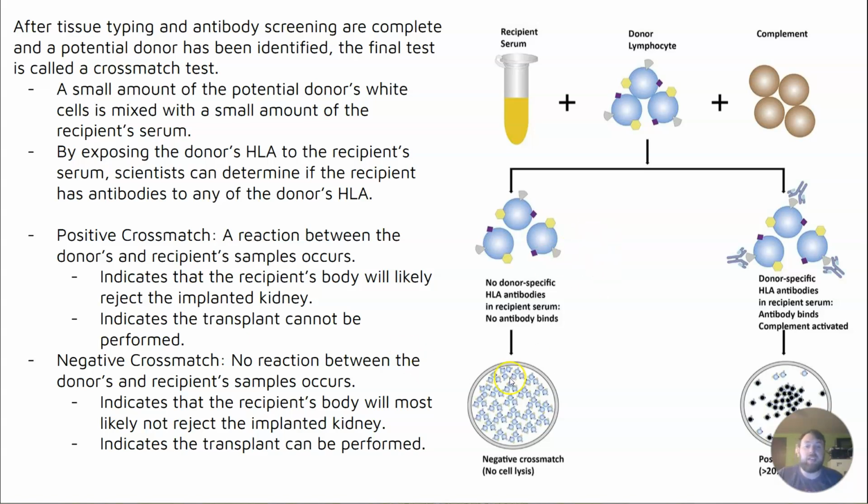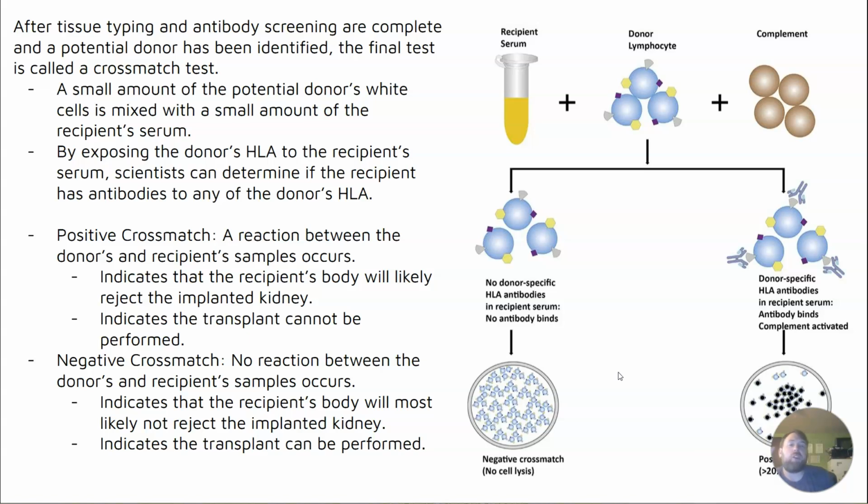Now, if it's a negative cross match, then that means that no reaction has happened between the donor and the recipient samples. My antibodies have not gone and found and destroyed the HLA antigens on the white blood cells, and that means that a transplant can be performed.